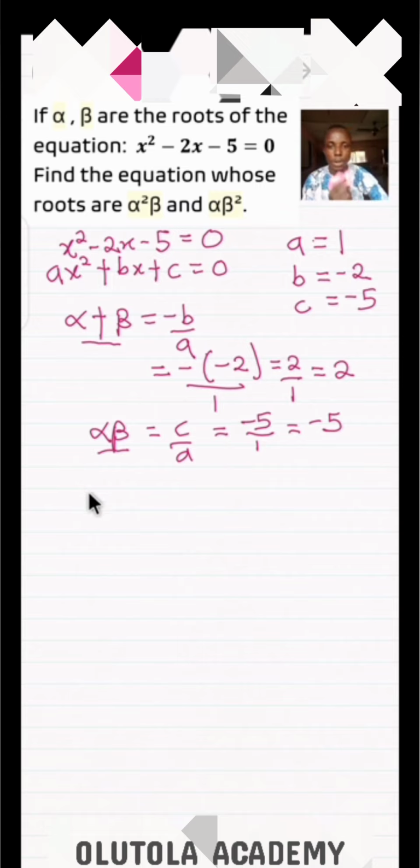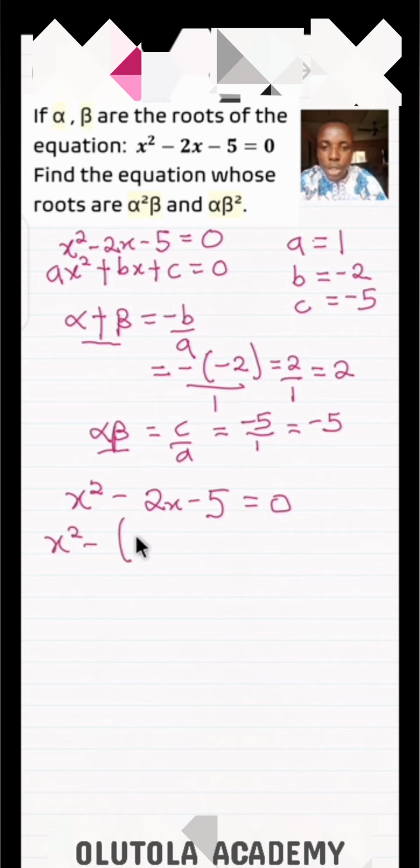Now I'll go on and find the equation whose roots are alpha squared beta and alpha beta squared. Before that, another way of getting my sum of roots and product of roots is to compare the given equation x squared minus 2x minus 5 equals 0 with x squared minus (alpha plus beta)x plus alpha beta equals 0.